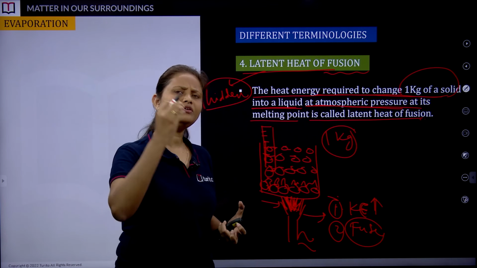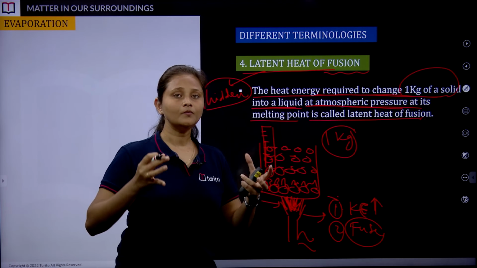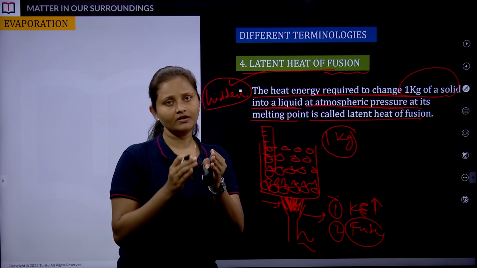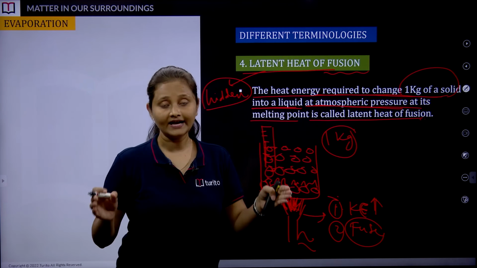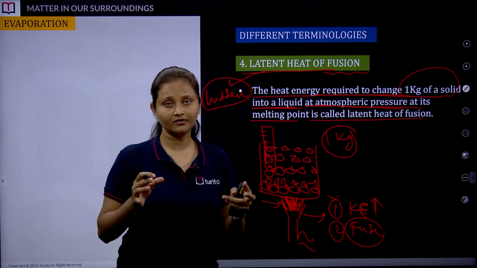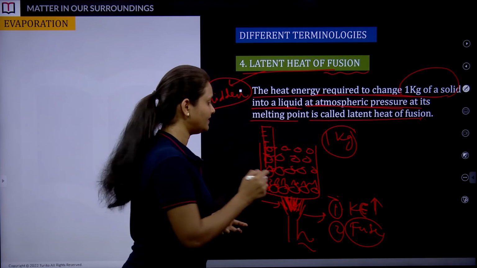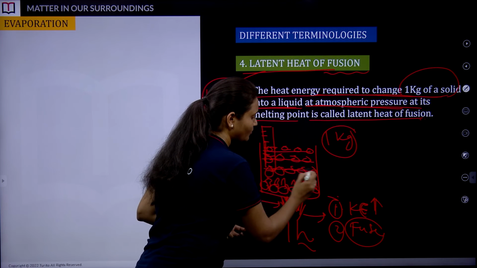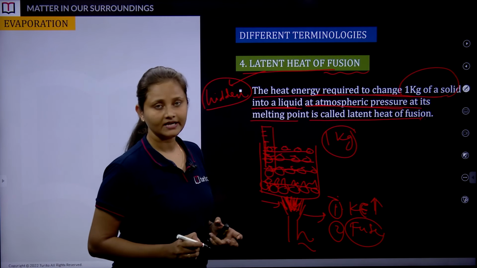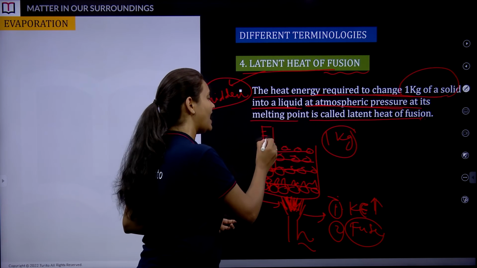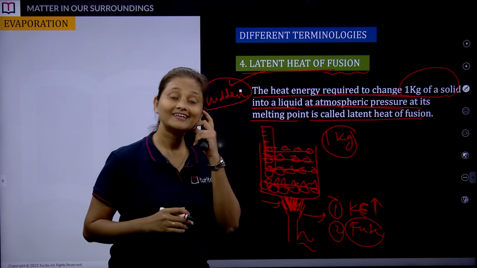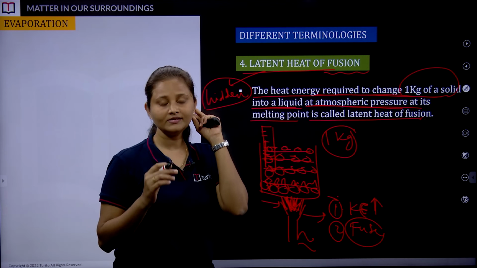Once fusion has happened and the bonds have broken down, suddenly we observe each and every molecule is in liquid state, and then our thermometer is going to show the temperature. Are you all able to understand?